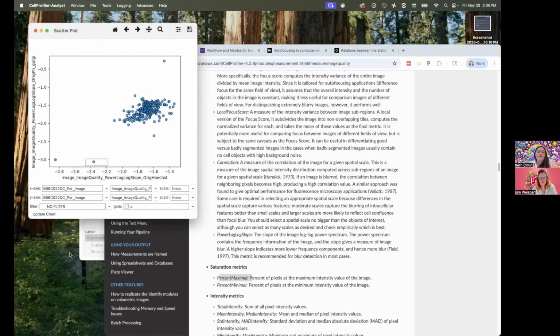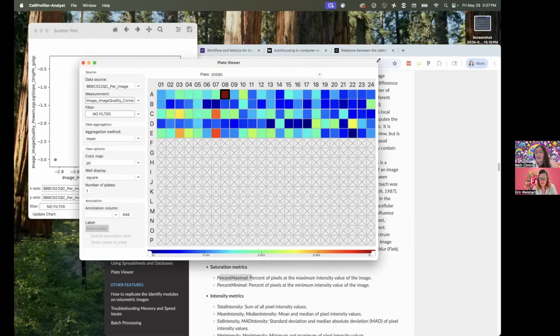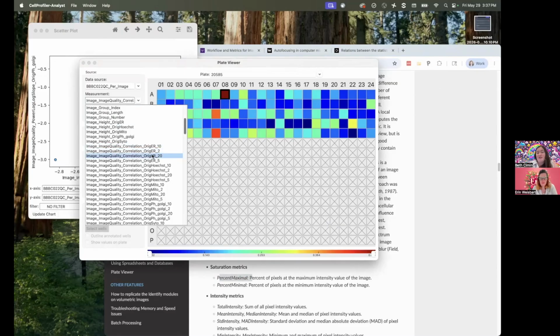So this is some CellProfiler Analyst data from the CellProfiler quality control tutorial. And here we're looking at one of the image quality metrics, which is correlation in the ER channel at a scale of 20 pixels. Again, the higher this number is, the more likely we think there might be a focal problem.